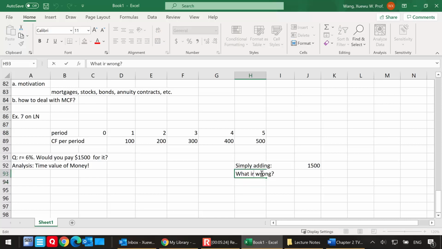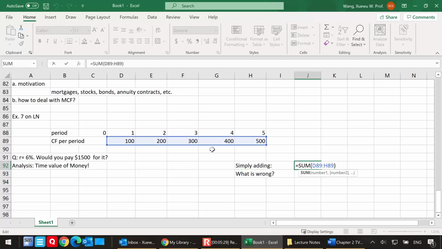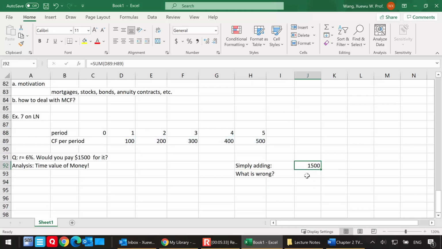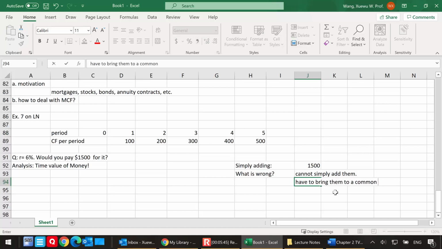It violates the time value of money principle, because all these cash flows occur at different time points. So you cannot simply add them. You have to remove the different timestamps, in other words, bring them to a common time point. How do we do this?